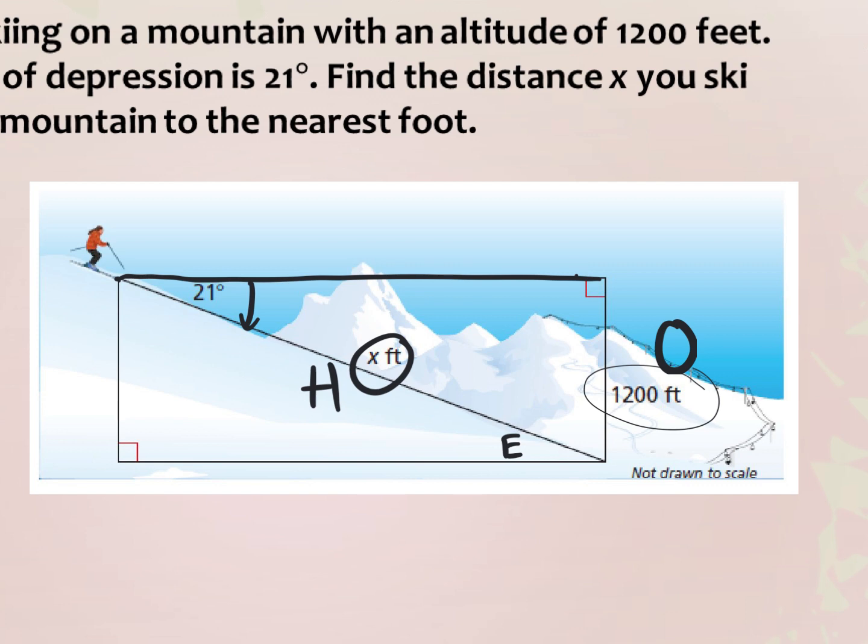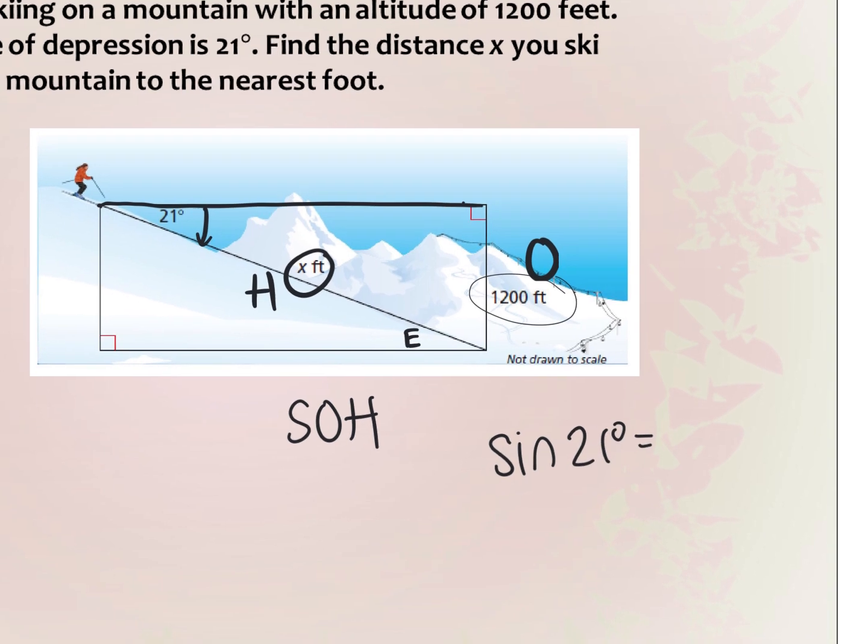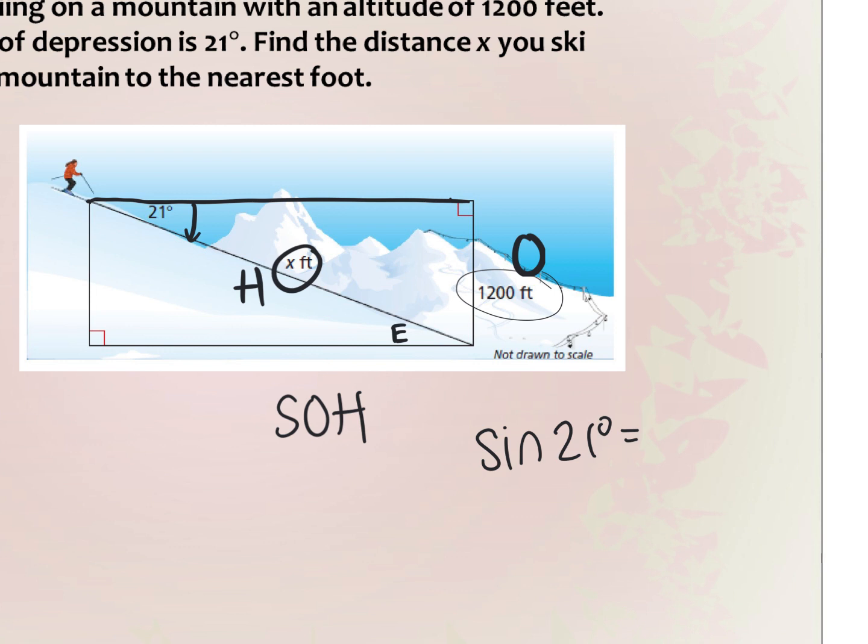What involves opposite and hypotenuse? Sine, because it's SOHCAHTOA, right? So we're going to say the sine of 21 degrees equals 1,200 over X.